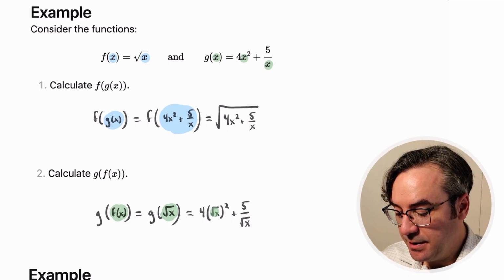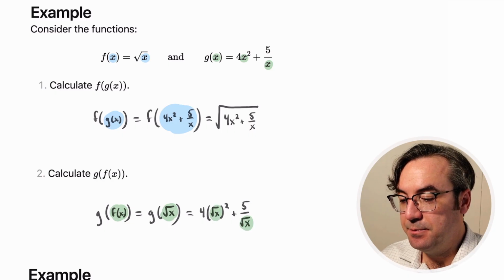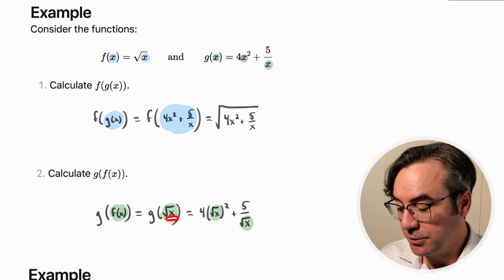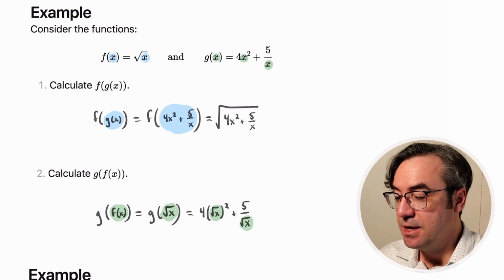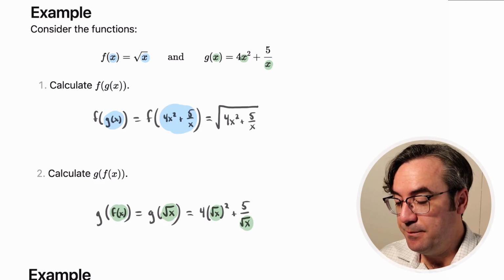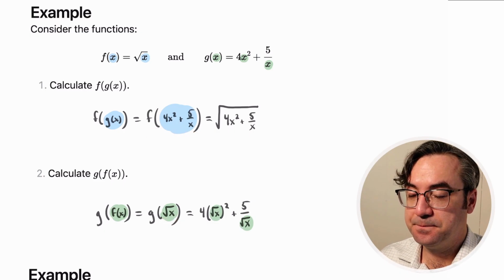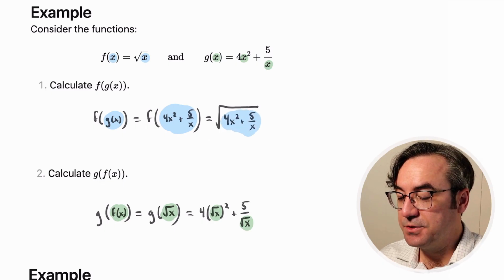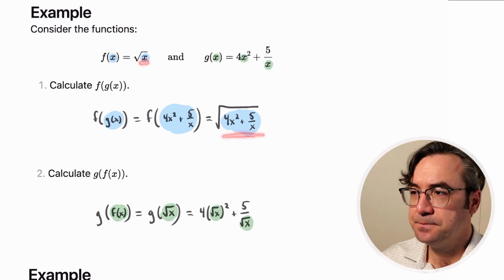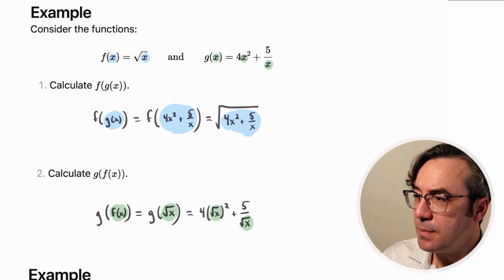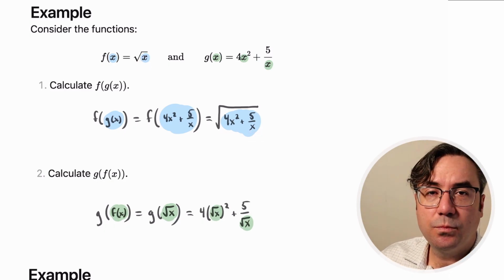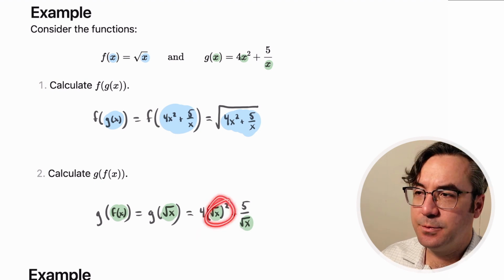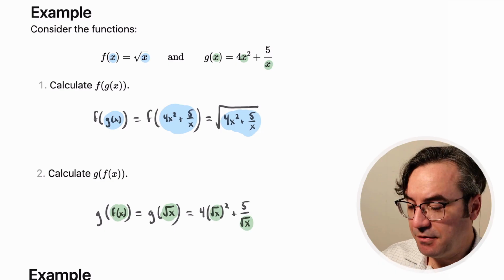So all we did is wherever we saw an x, back up in our original function here for g, replaced it with whatever we were trying to plug in, so square root x. Very similar to what we did back up here with f. So we replace that with the 4x squared plus 5 over x. And we're good. We've got our function. If we wanted to, we could simplify a little bit right here, but perfectly fine.